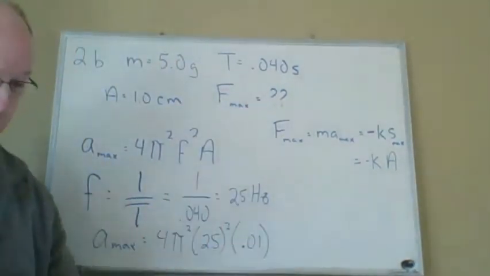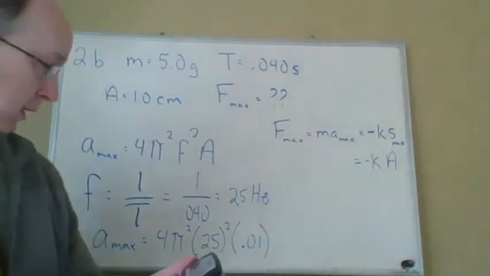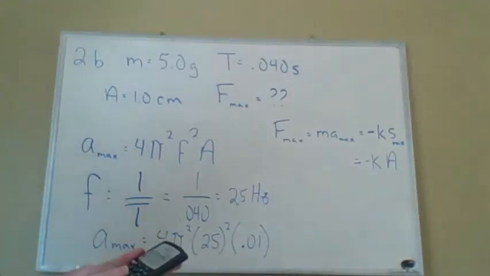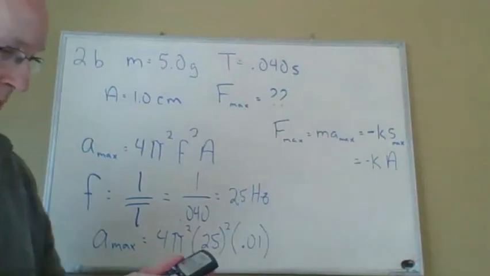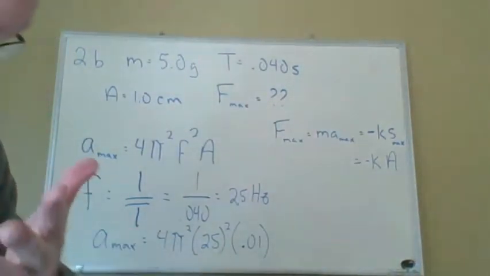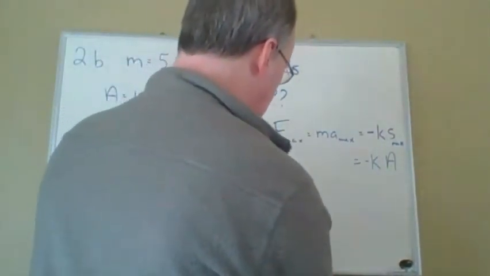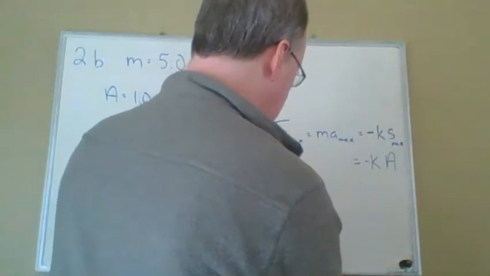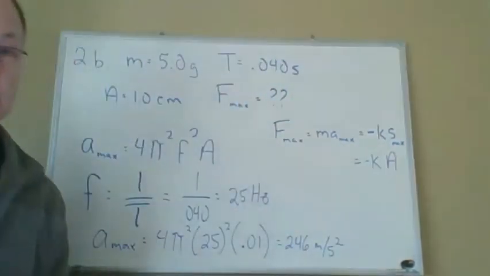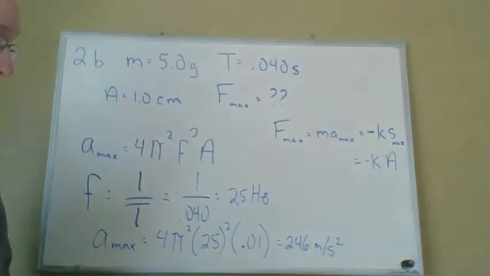So now I'm going to multiply all that out. 4 times pi, I'll use 3.14, squared, times 25 squared, times 0.01 equals, and I get what you should have gotten if you did part A correctly, 246 meters per second squared. That's the maximum acceleration of this system.